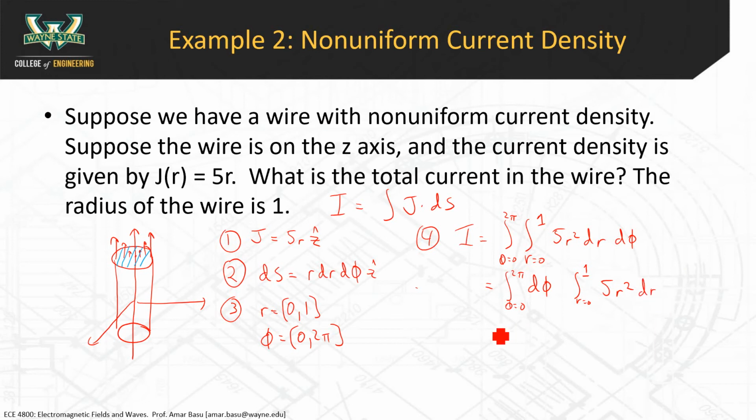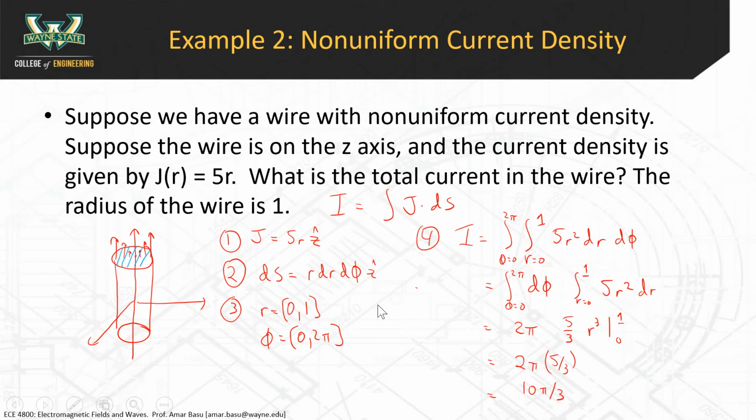So here you get 2 pi, and here you get 5 over 3 r cubed evaluated from 0 to 1. So you just get 2 pi times 5 over 3 times 1 minus 0, which is 1. So this is then equal to 10 pi over 3, which is the current.